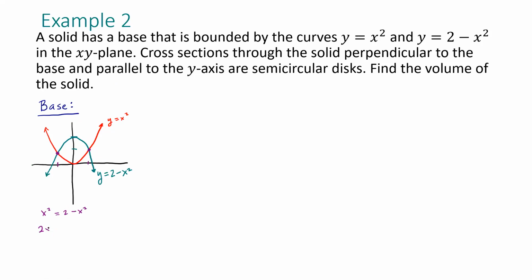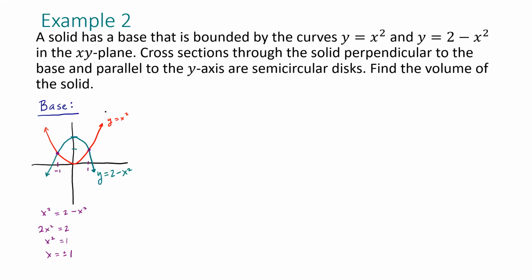You get 2x squared equals 2, so x squared equals 1, and that gives me x equals plus or minus the square root of 1, which is just 1. So we see they intersect at -1 and +1, and that gives us the boundaries of our region.